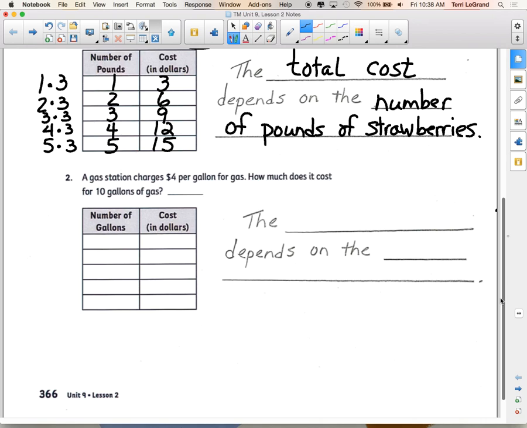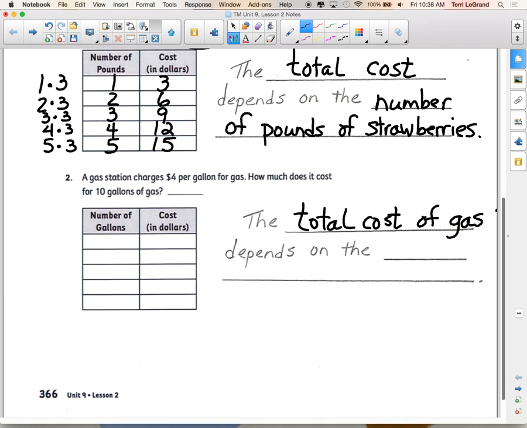So what are we going to put first then? Is the number of gallons of gasoline going to depend on the total cost? Or is the total cost of the gas going to depend on the number of gallons of gas? What do you think, Tyler? Yeah, the total cost of gas.